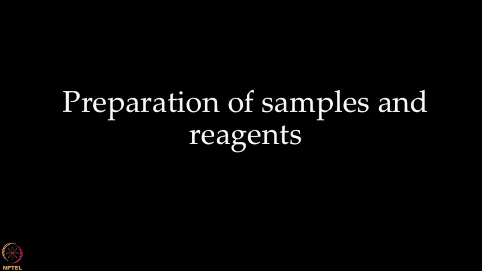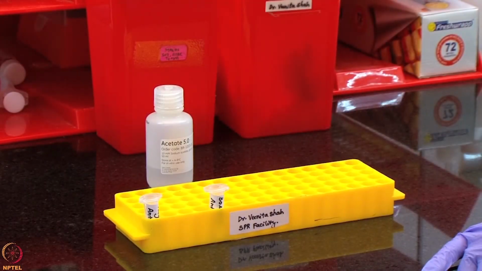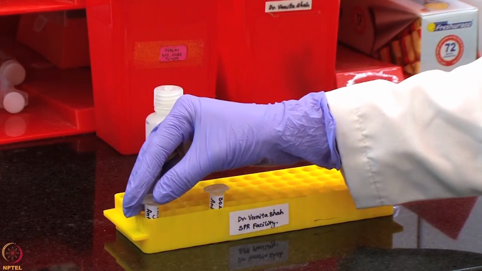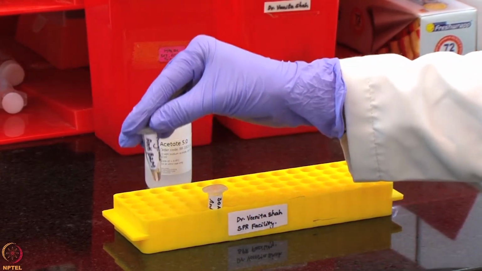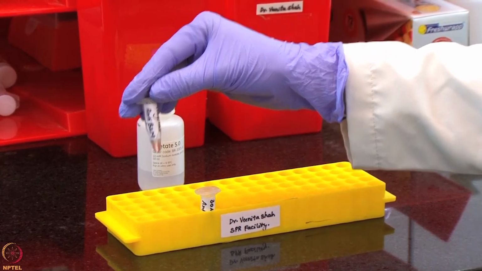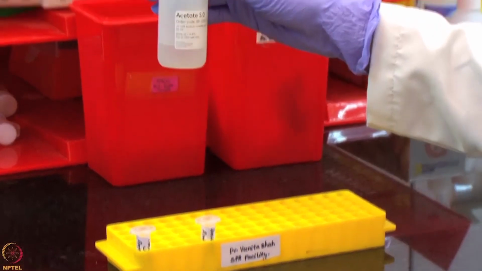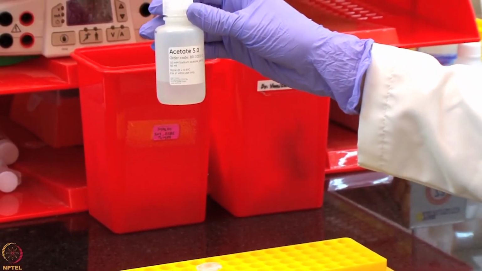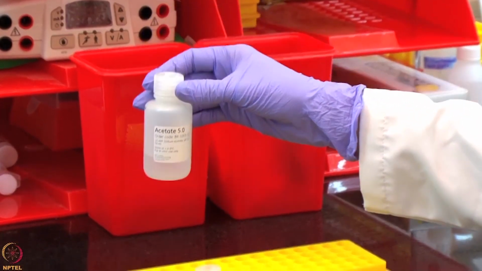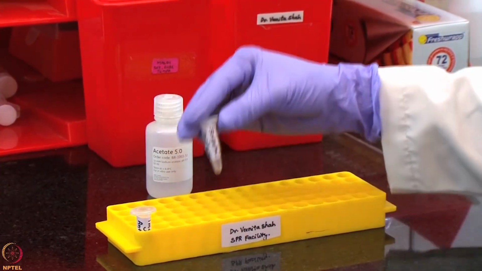We will now work on the reagents required for the immobilization of anti-beta 2 microglobulin on the sensor chip surface. We will first dilute the stock concentration of the antibody, which is 1 mg per ml of anti-beta 2 microglobulin in 10 millimolar sodium acetate pH 5 to make a working antibody solution of 30 micrograms per ml.